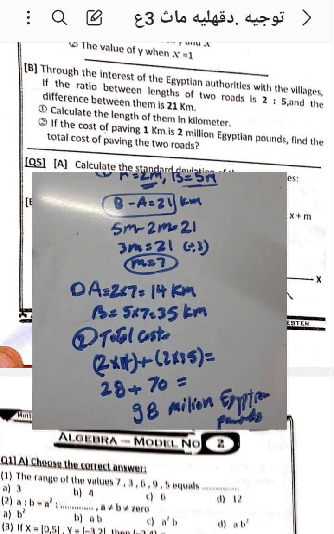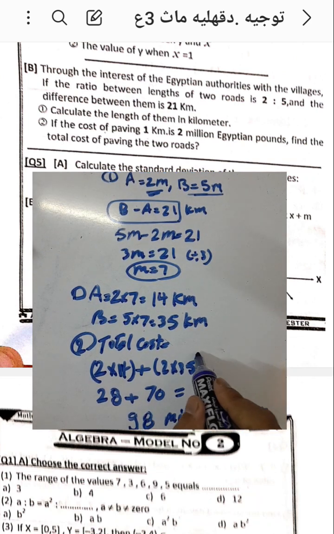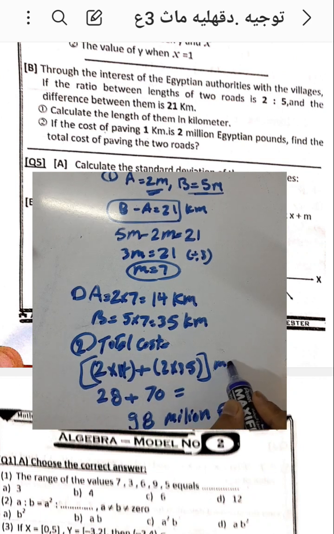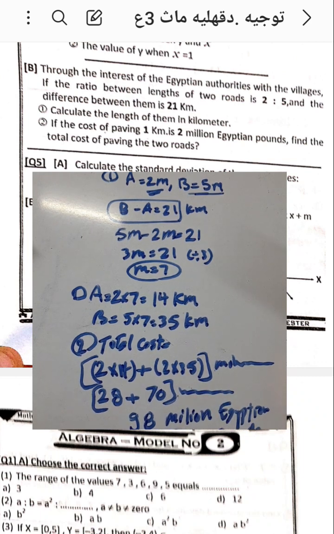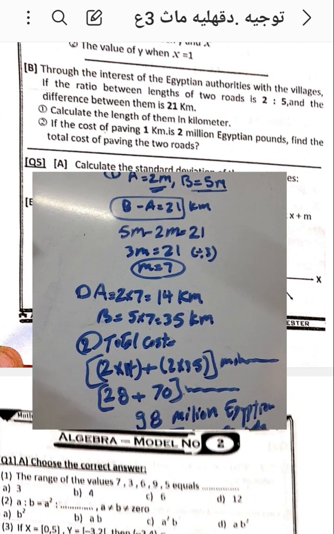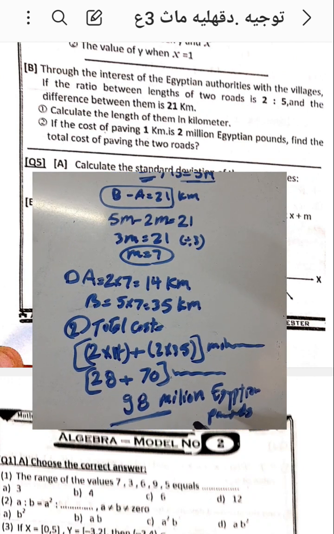Understood? It's the total cost. All in million Egyptian pounds, so the result will be 98 million Egyptian pounds.